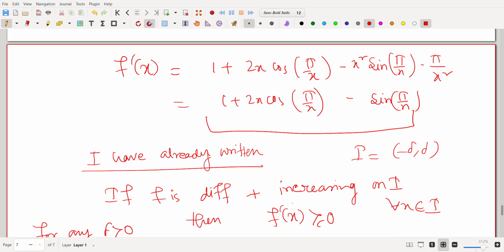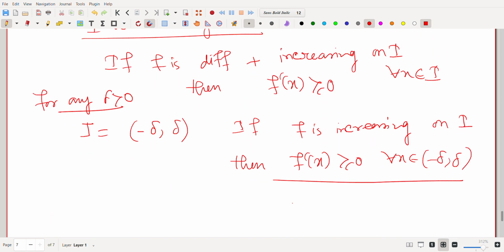For every delta this will happen because of the oscillatory property of cos pi by x and sine pi by x. It is your homework to find it actually. So that means you can't find any delta such that f dash x greater or equal to 0 for all x belongs to (minus delta, delta). That means f is not increasing on any neighborhood of 0.